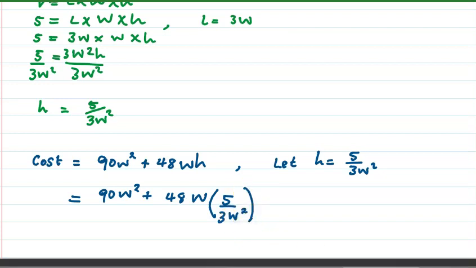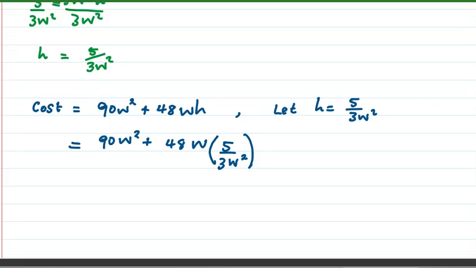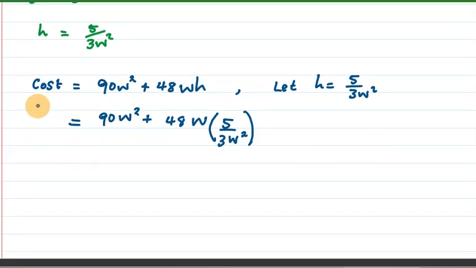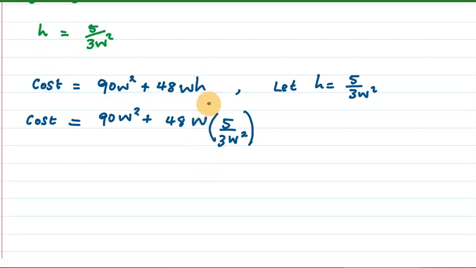Okay, we are almost there because we did manage to eliminate this H. We are now left with W as the only unknown variable in this equation of ours.